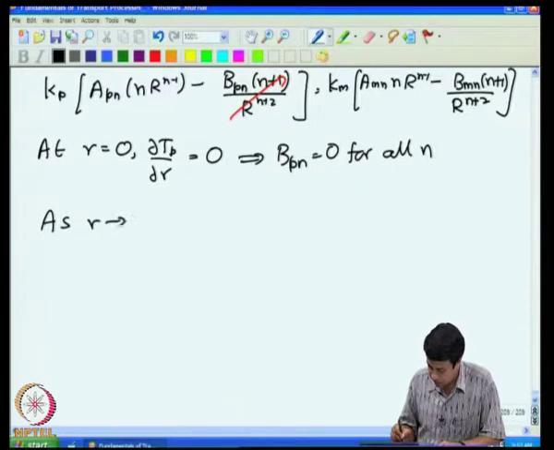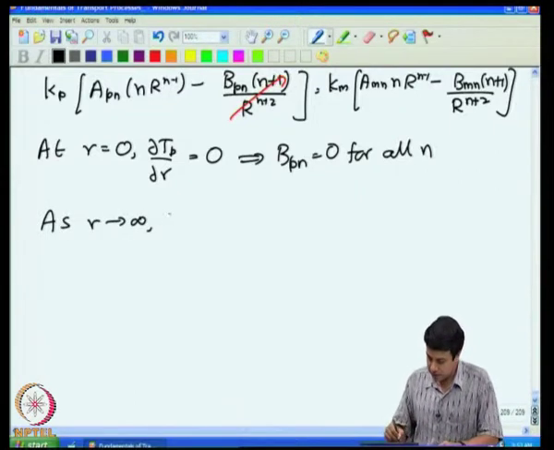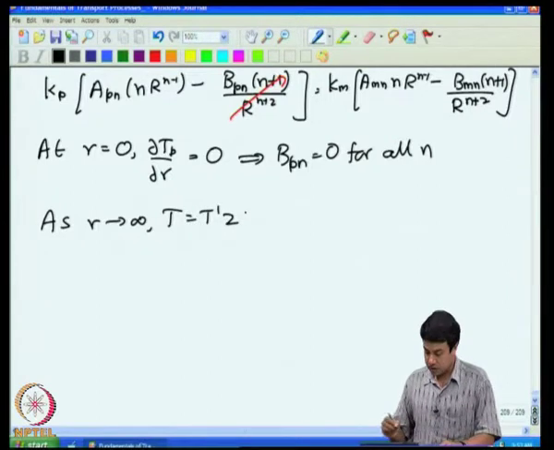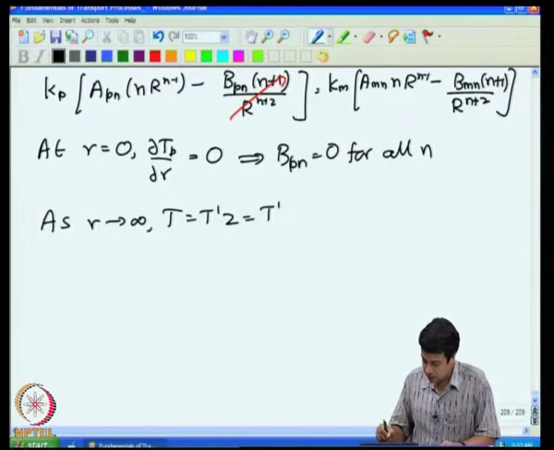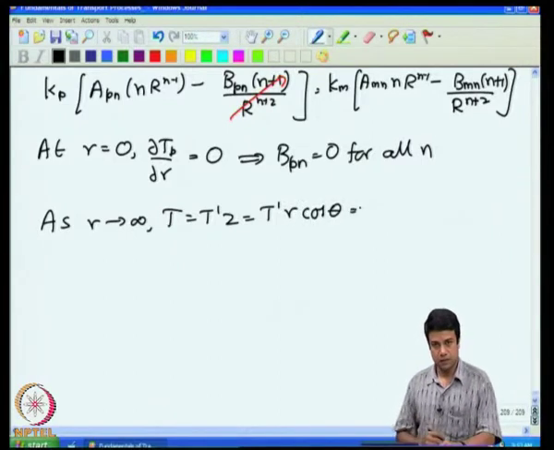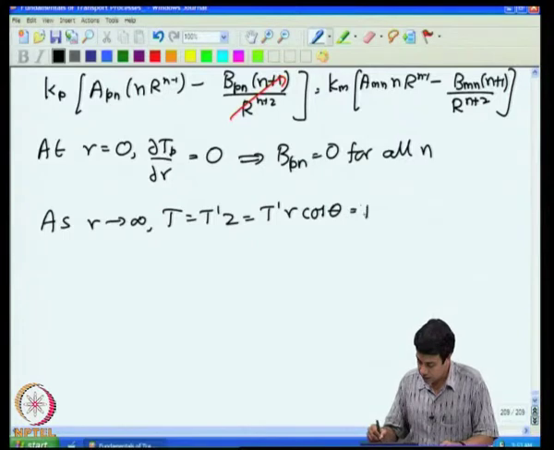As r goes to infinity, I require that T is equal to T prime z. Z is equal to r cos theta, so T prime r cos theta is equal to T prime into r into P1 of cos theta.